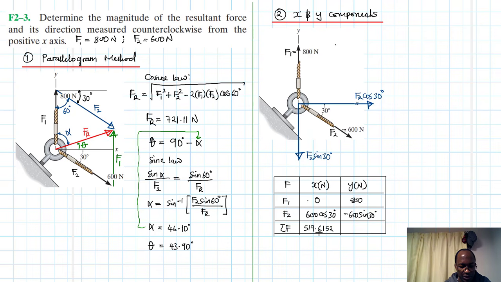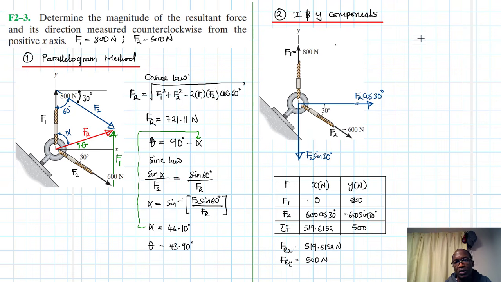Then the other one is 800 minus 600 sine 30, which is just going to be equal to positive 500. So we have FRX equal to positive 519.6152 newtons, and we have FRY equal to 500 newtons.